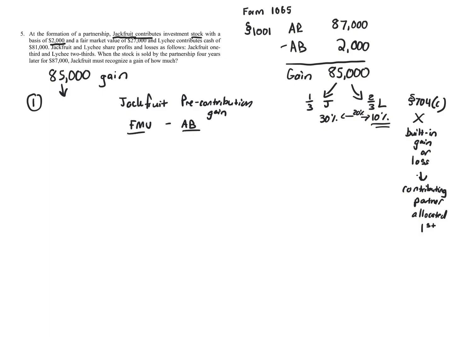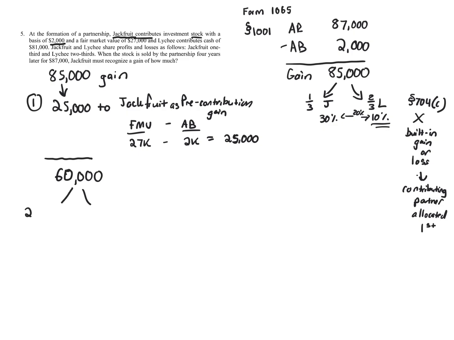So Jackfruit's fair market value at contribution was $27,000 minus the adjusted basis at contribution, which was $2,000. That equals $25,000. So that first $25,000 goes to Jackfruit as pre-contribution gain. That leaves us with $60,000 left.